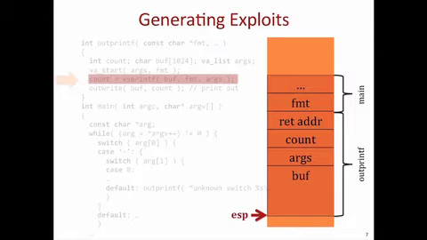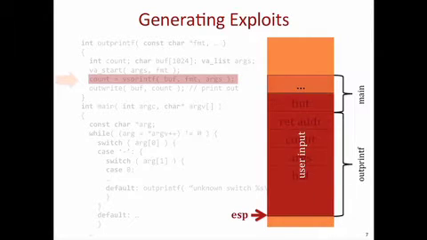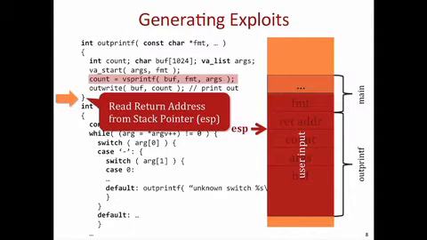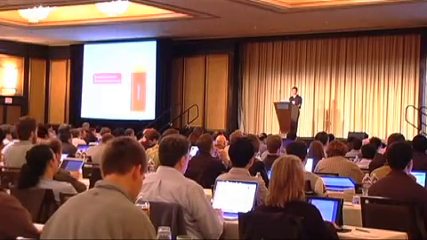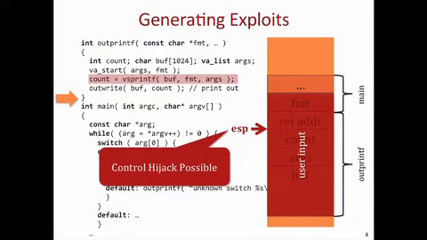And of course, when a buffer overflow happens, it will overwrite local variables and the return address. Now, when the function tries to return to the main function, it will try to read the stack pointer, which is already overwritten by user input. So in this case, since the instruction pointer will change, the user can actually hijack the control of this program.